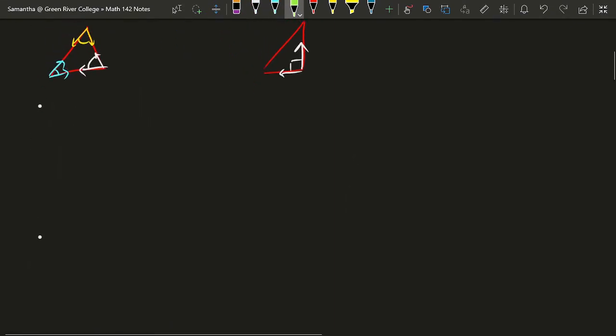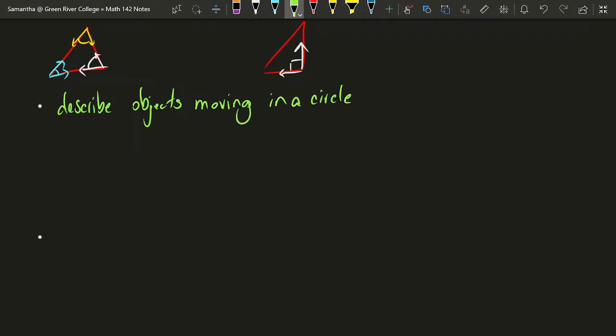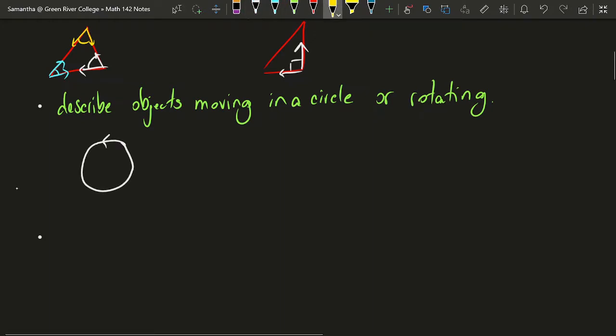Angles are also used to represent objects that are moving in a circle or objects that are rotating or spinning. For example, suppose that you have an object that's moving along a circular track, and you have an observer standing in the center who is looking at this object as it's moving.